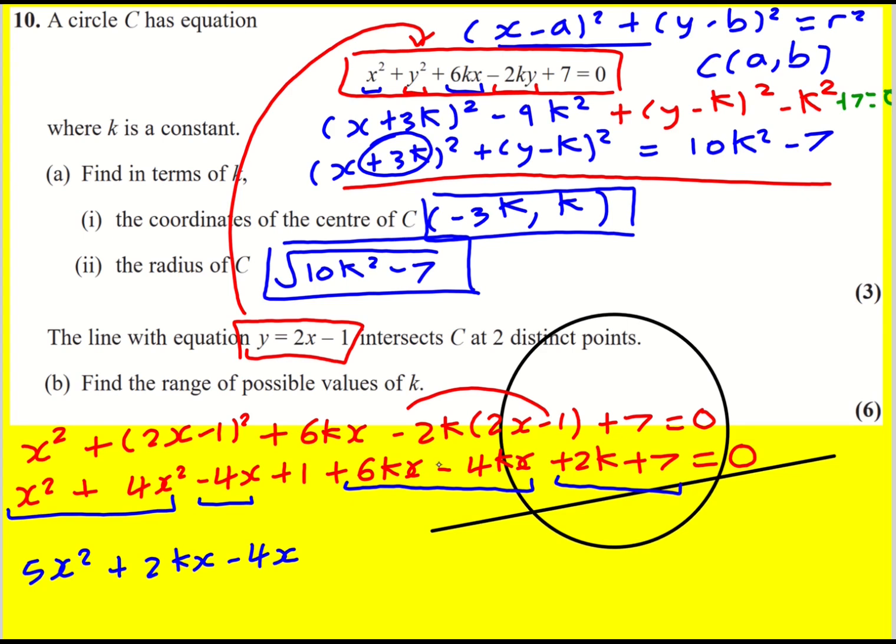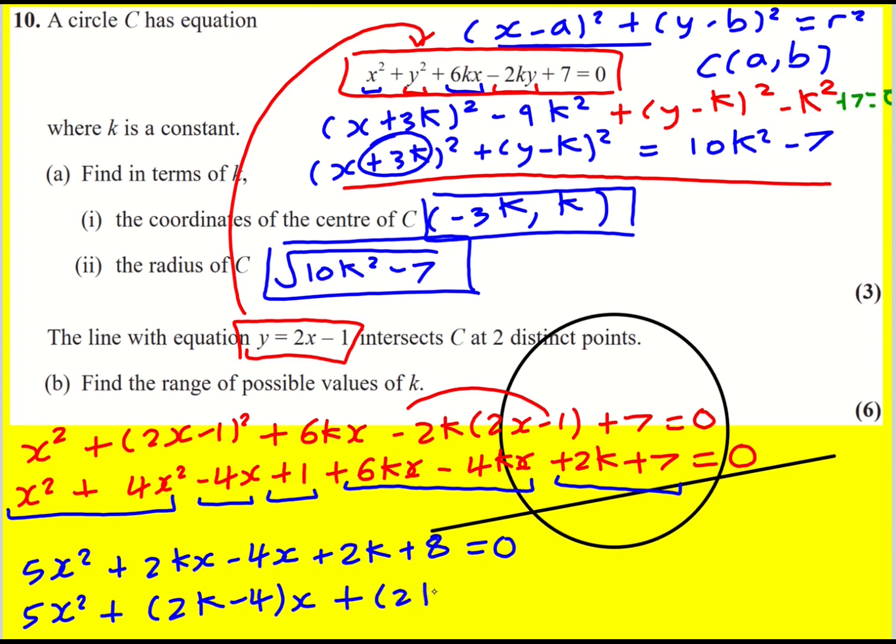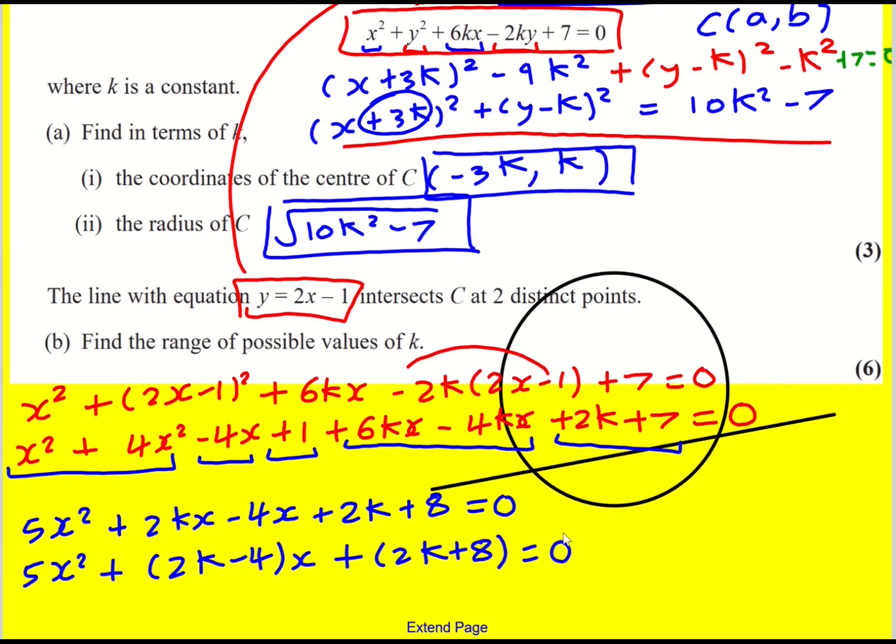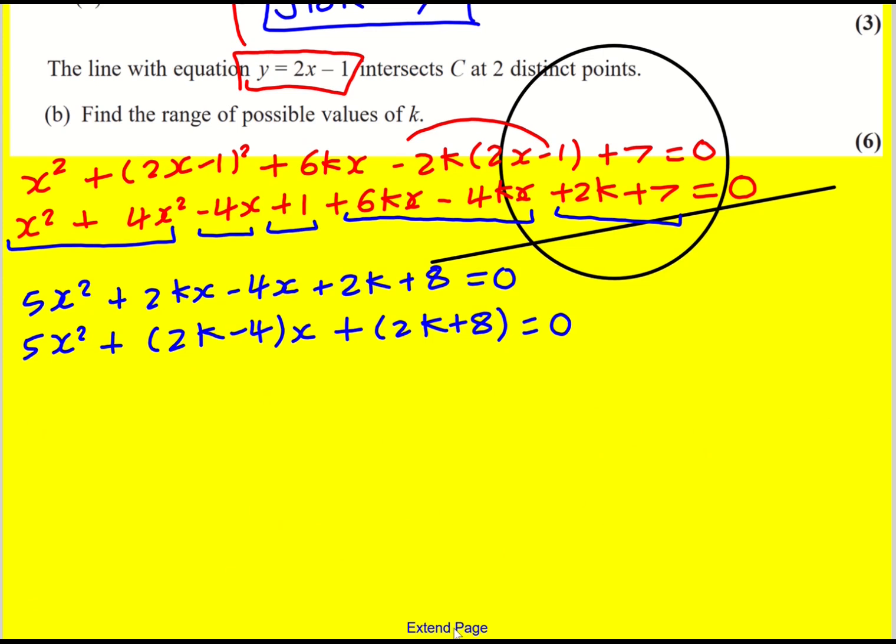And then finally, I've got 2k plus 7 plus 1, so that's 2k plus 8. Just going to factorize an x out. I'll put it at the end though, so (2k minus 4)x, and I've got my single coefficient. And here's my c, I'll put that in a bracket. So here's a, b, and c.